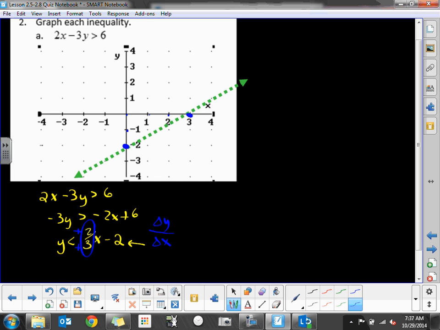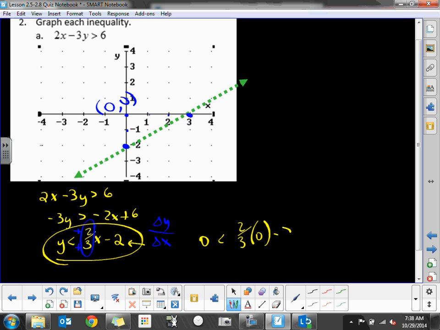Now we're going to put in our ordered pairs. So I want to put in the origin again, (0, 0). If I put in a 0 for y and a 0 for x, I'm going to use this equation to show you it doesn't matter. So 0 for y has to be less than 2/3 times 0 minus 2.